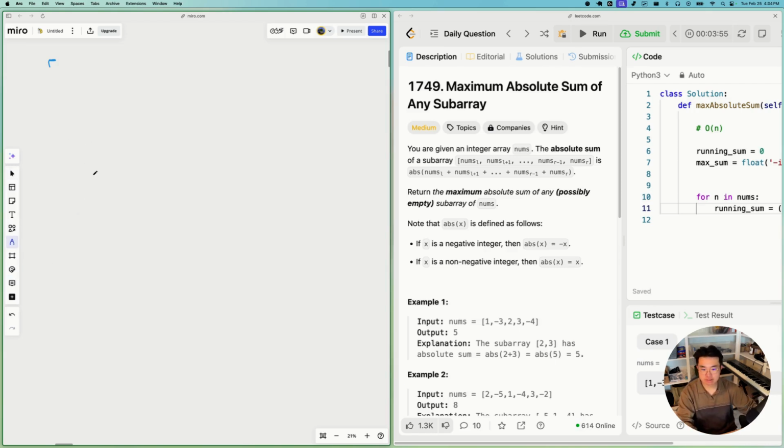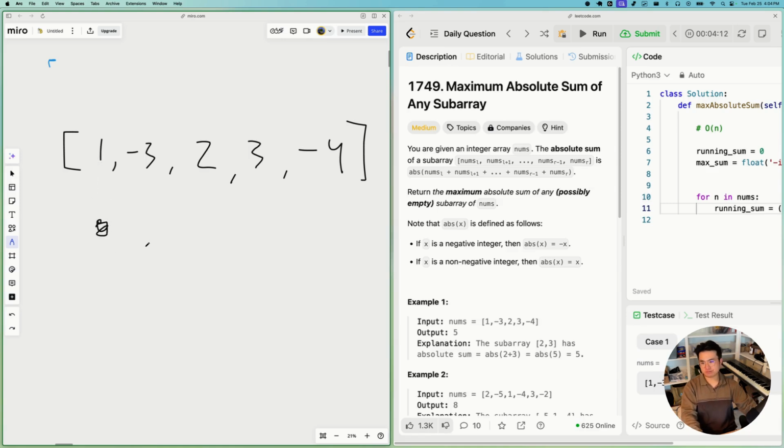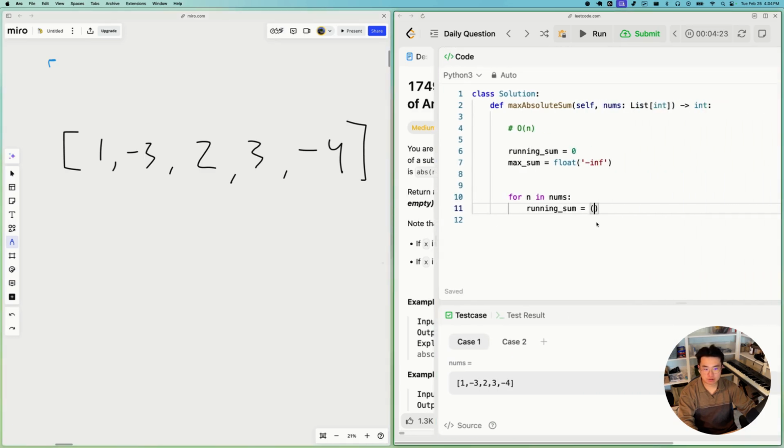I think what I'm trying to say is that if this is our array, 1, -3, 2, 3, and -4, at this index right here, at the very first one, the running sum should be either we start over, right?